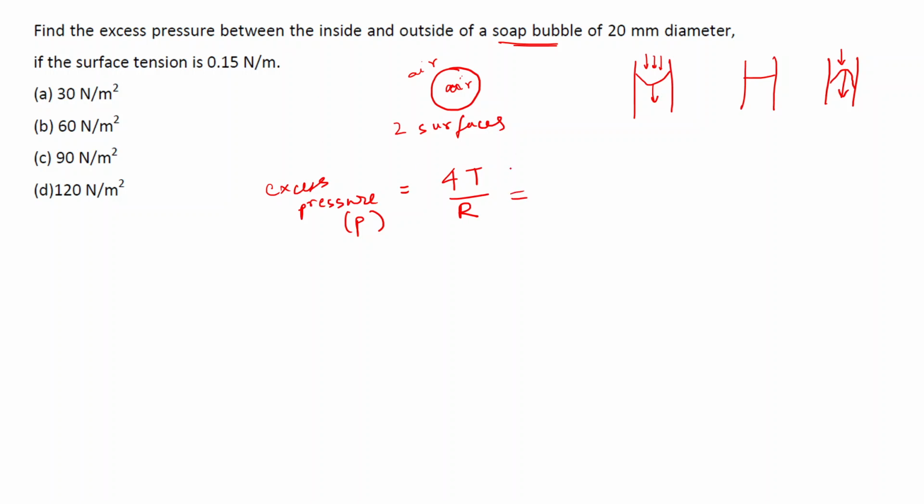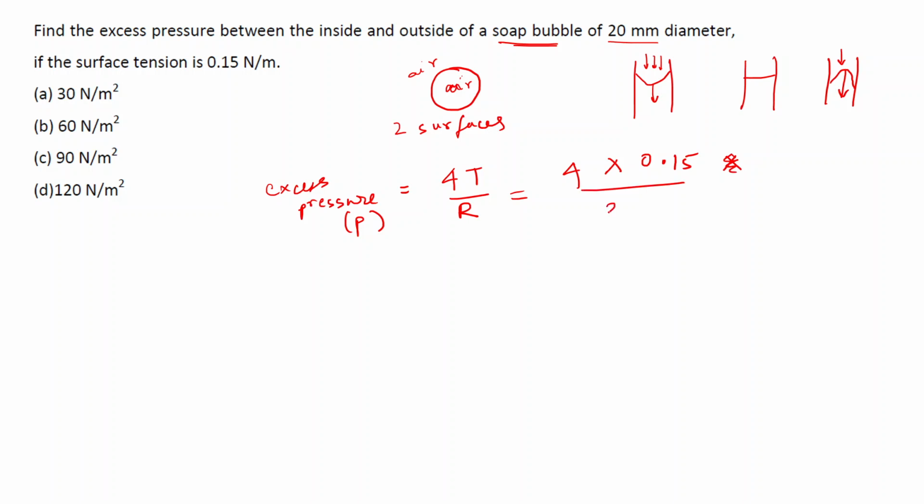So, using this formula, the excess pressure for the soap bubble of 20 mm diameter, this is in millimeter, we'll change it into meter because we need to put it in SI unit. Surface tension is given as 0.15 Newton per meter.